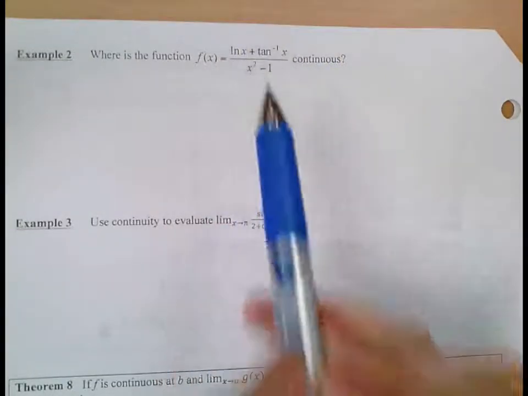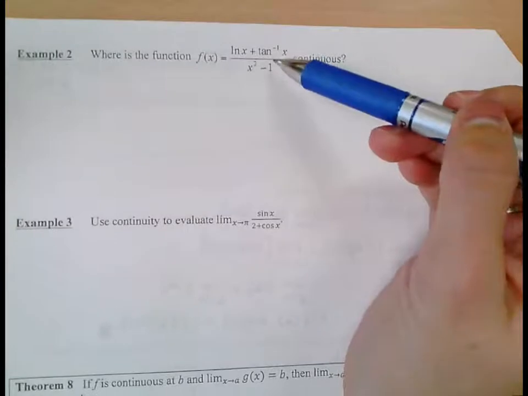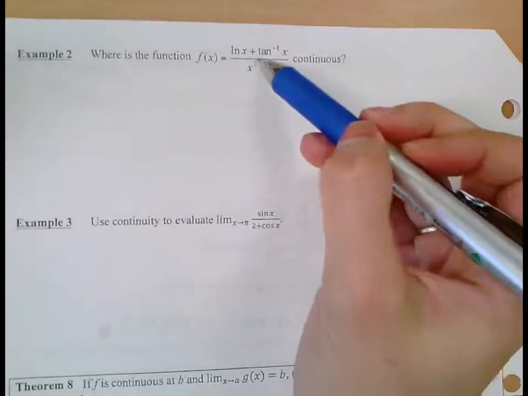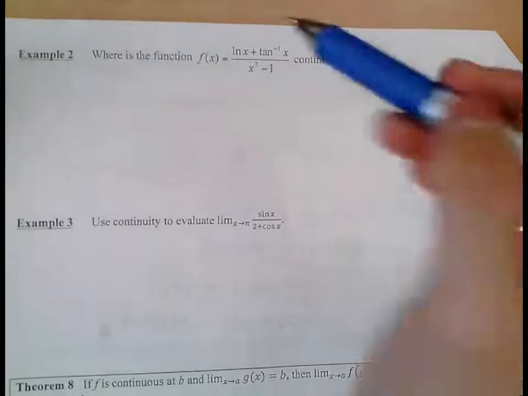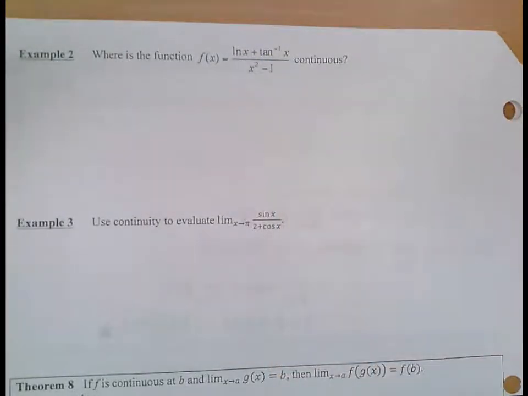This also is not a rational function because the top is not a polynomial. So the domain is not just every value except where the denominator equals 0. We also have to look at the top two functions that are being added together.